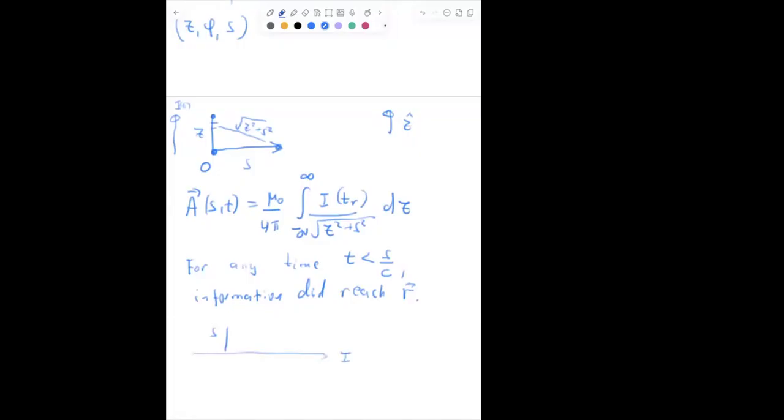This is the wire, this is the I. Let's say this is CT and this is S. So you see this point will send information to this point. This is the observation. This point will send here information. The information will come first from here and later from other points here and here. I think it's clear that the shortest path is from here. But if S is bigger than CT, no information has reached because it did not reach from here, but of course it did not reach from here and here because these points are even further away.